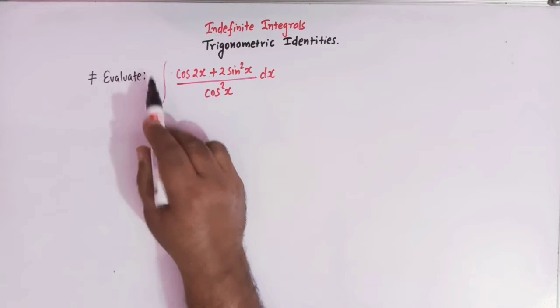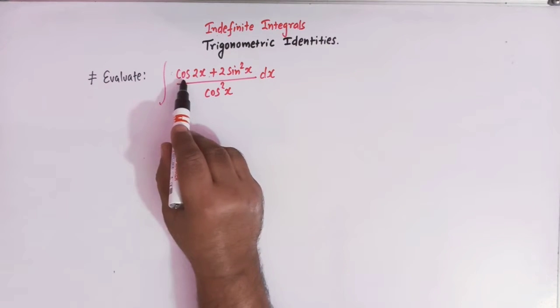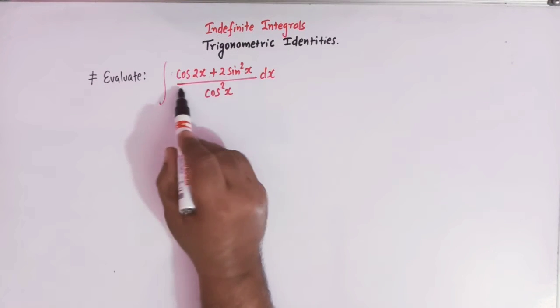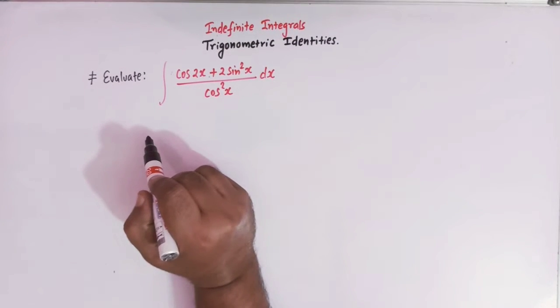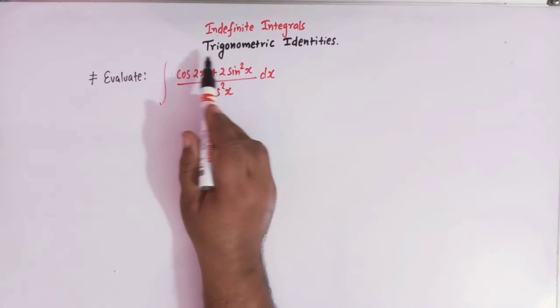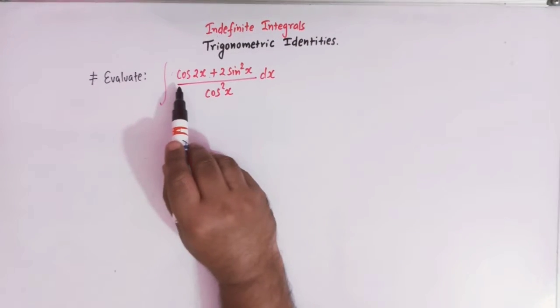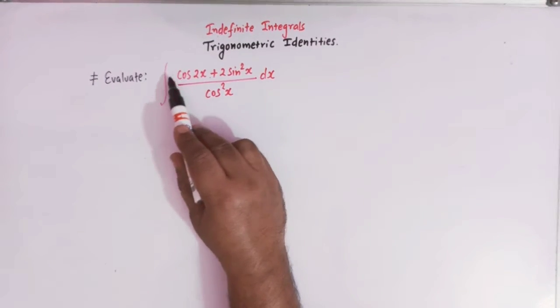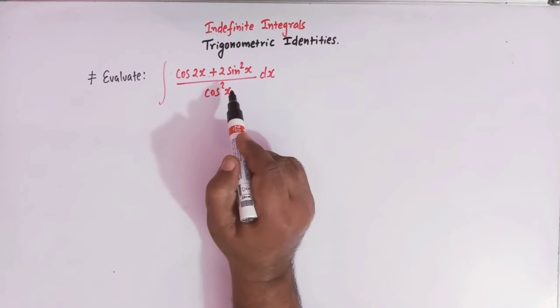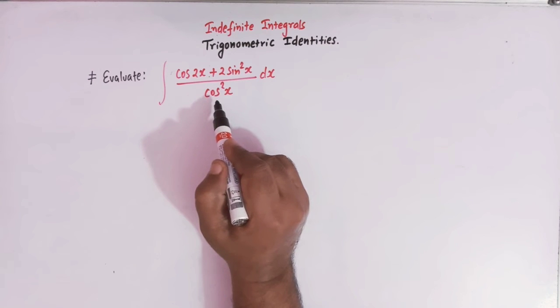So here we have to find the integral of cos 2x plus 2 sine square x divided by cos square x, right? And again here we'll make use of an important trigonometric identity to first simplify this expression, and then we'll find the integral, right?